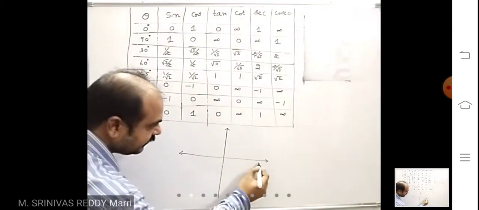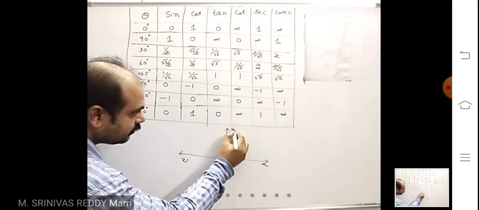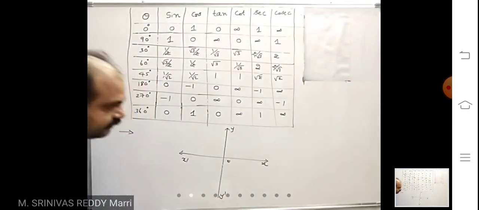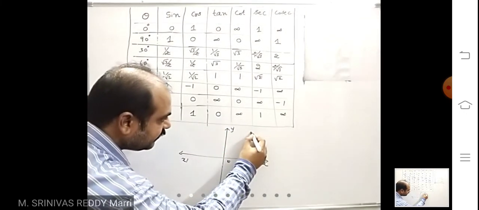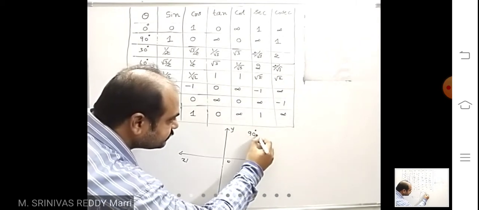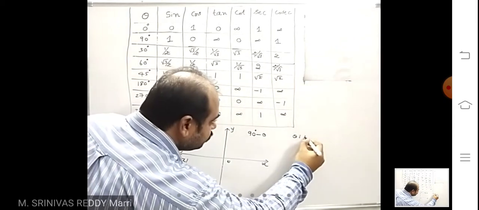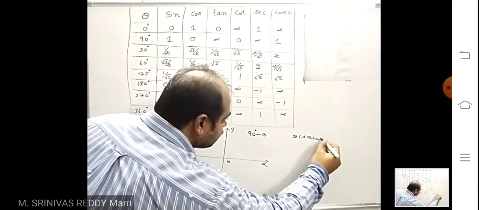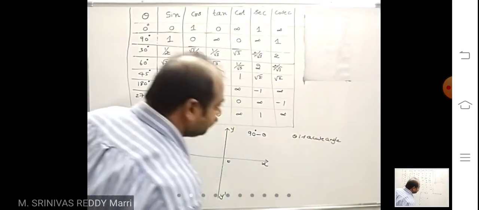Look at, all of you, listen carefully. In the first quadrant, the angle will always be of the form 90 minus theta. Let us say theta is an acute angle.